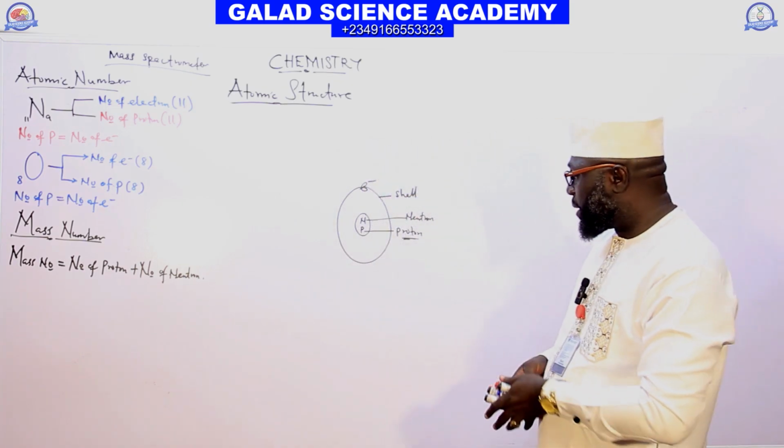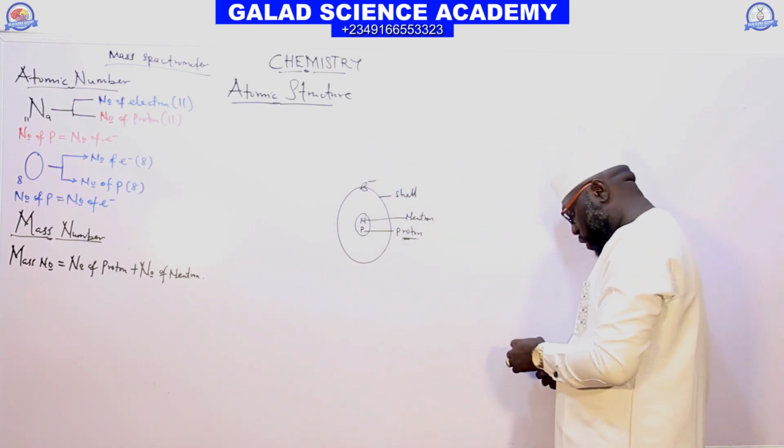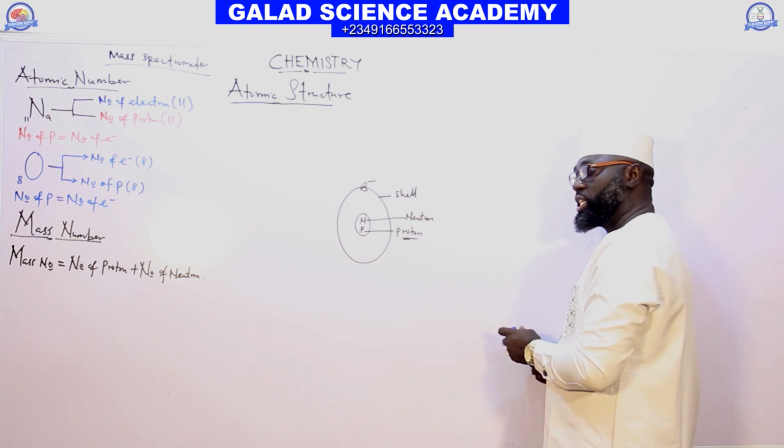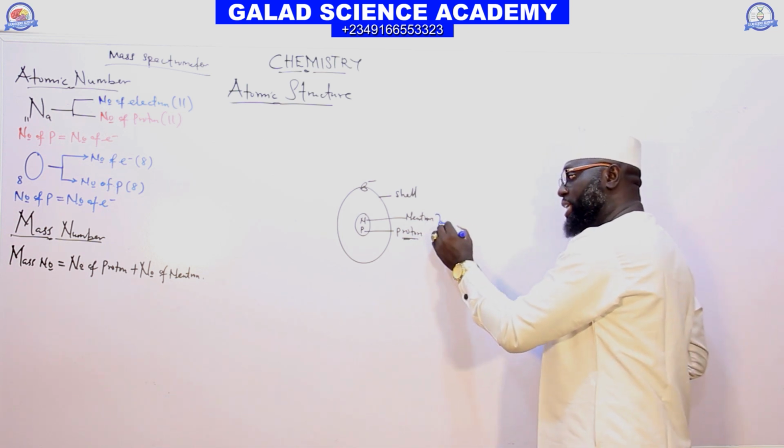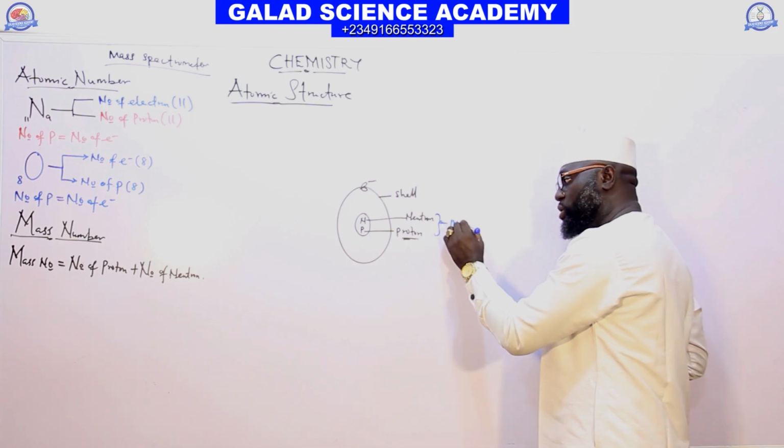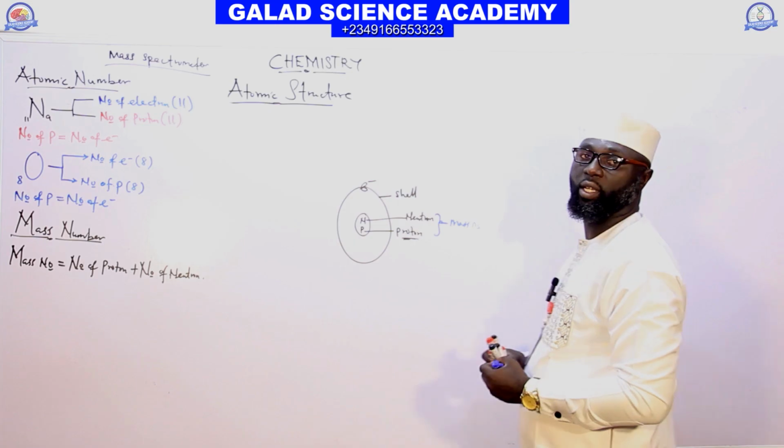So the total number of protons and neutrons in the nucleus of an atom is known as the mass number.